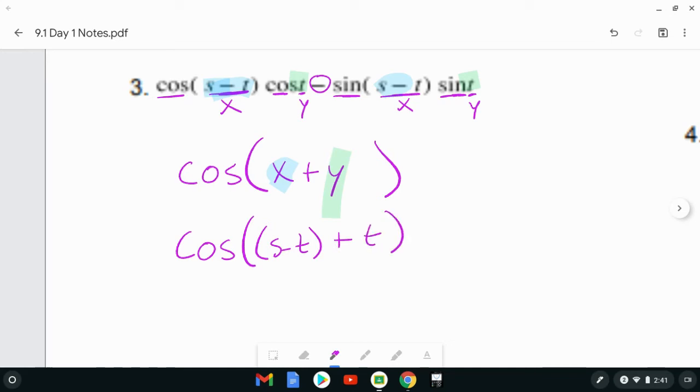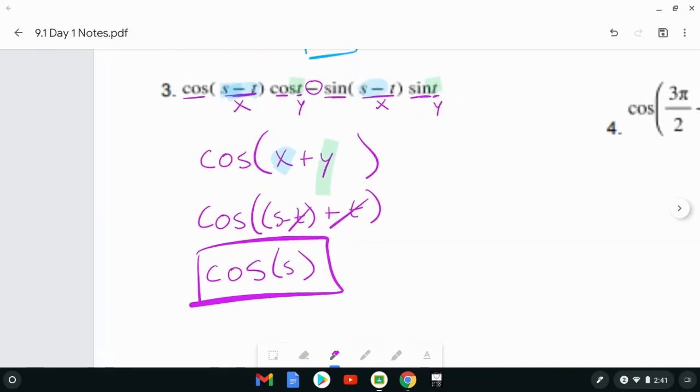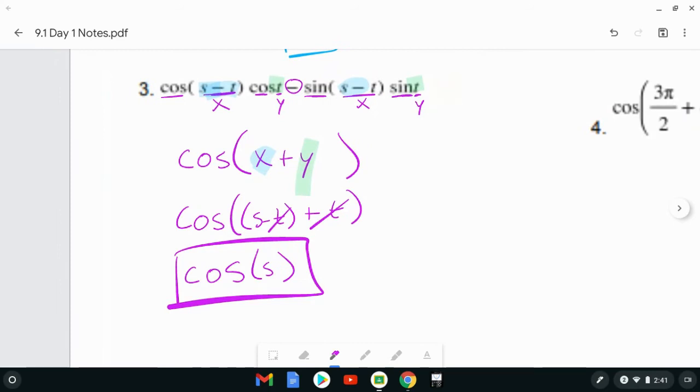And then when we do the inside, notice the negative t and the positive t cancel. So you're left with just cosine of s. So we can also apply these addition formulas when there are no angles given to reduce and simplify any expression where you do have that addition formula pattern.